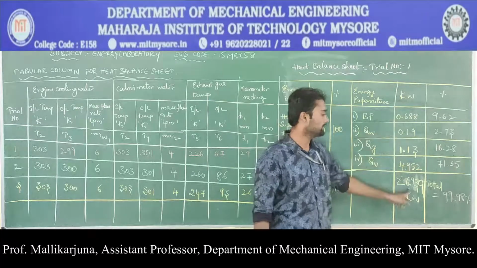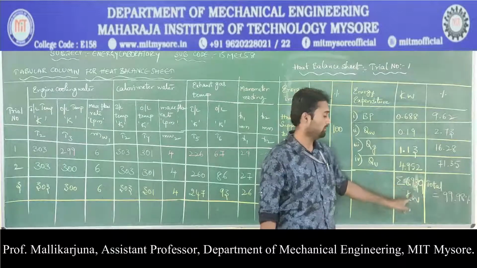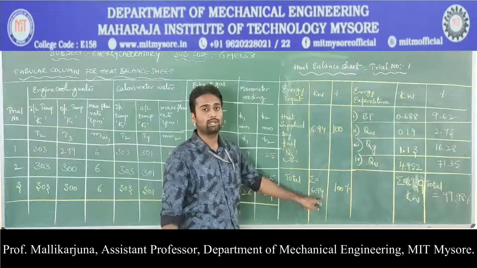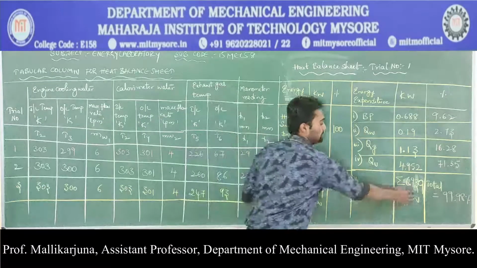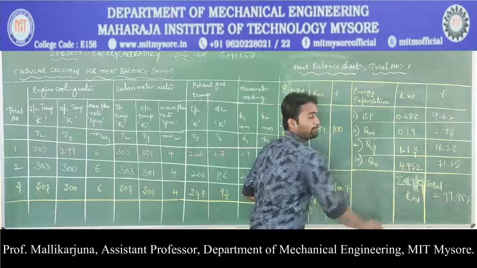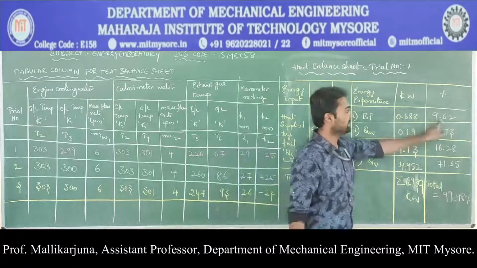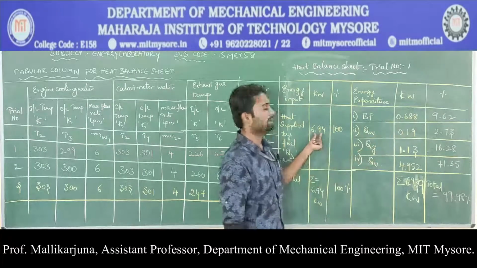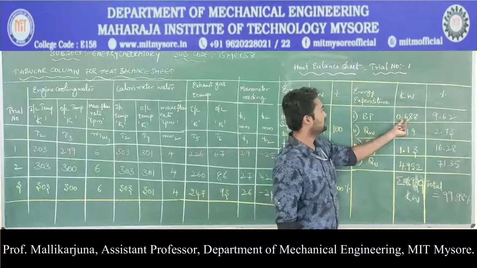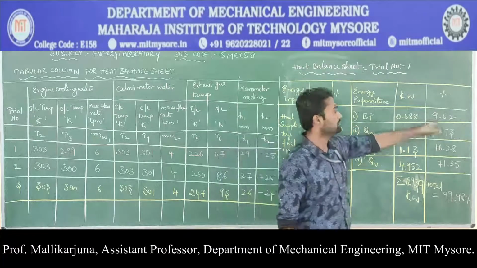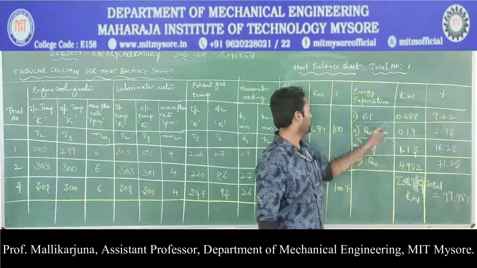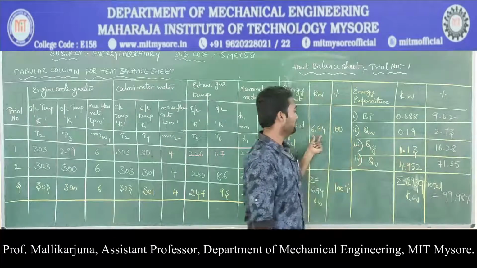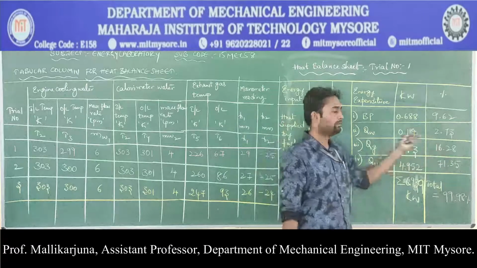If we add all those things, it is around 6.930 kilowatts. On the left hand side, it is 6.94 kilowatts. These two values are almost the same. Next thing is percentage. To calculate the percentage, divide each by 6.94. So 0.688 divided by 6.94 gives 9.62 percent. 0.19 divided by 6.94 gives 2.73 percent. 1.13 divided by 6.94 gives 16.28 percent.